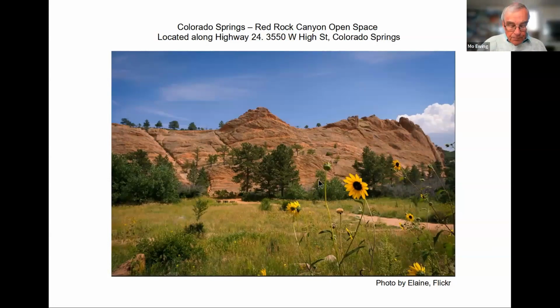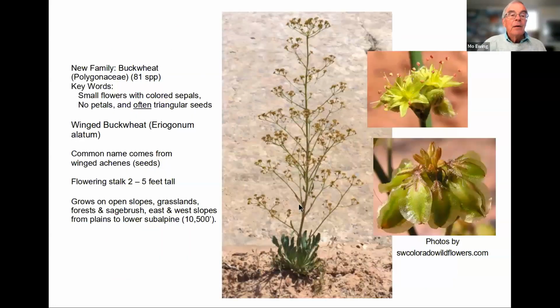And here you find winged buckwheat, Eriogonum elatum. It's called winged because here's a picture of the seed, and there are little wings. You can see the little wings on the outside of the seeds.